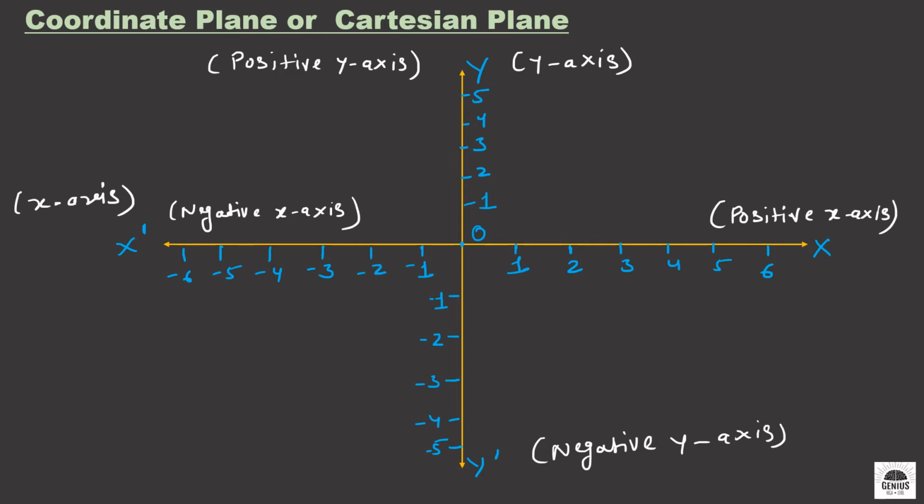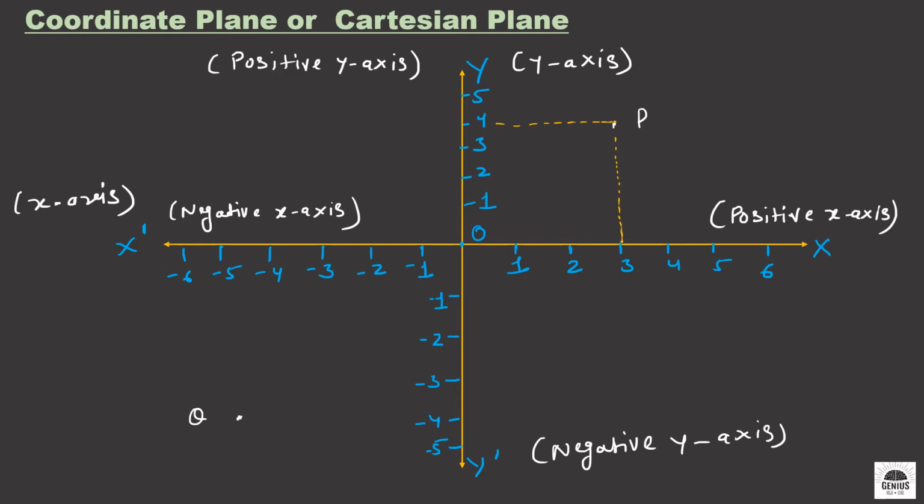Okay, now suppose you have 2 points, one point is here, which is P, and another point is here, which is Q. And you want to know the distance of the points P and Q from the axes. So first we will draw a perpendicular line toward the x-axis and then the y-axis.